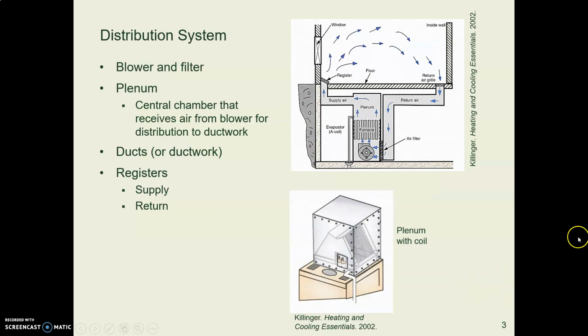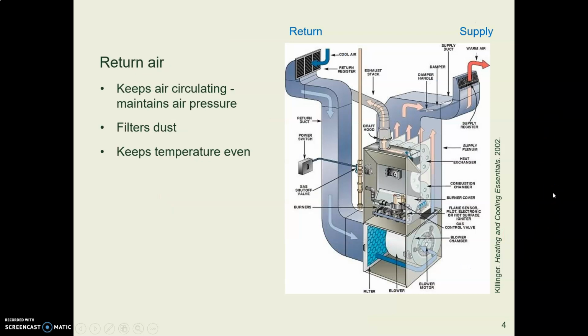All right. So here's this picture again you saw last time with the distribution system. We've got our blower here, our fan, and it first of all sends air into the plenum, that central chamber that takes that air from the blower and distributes it out into the ductwork. And let's say it has blown hot air into your house, and that air has cooled off.